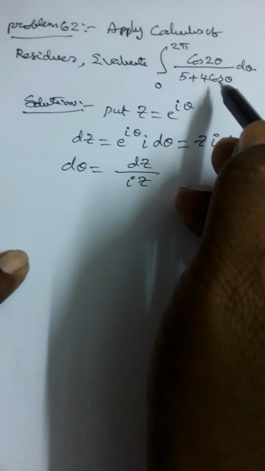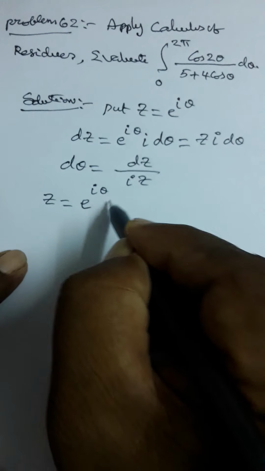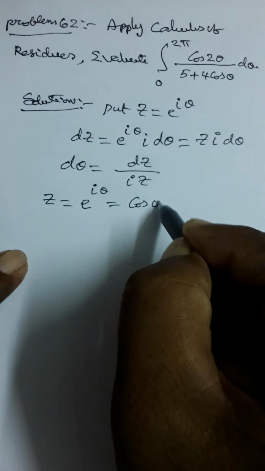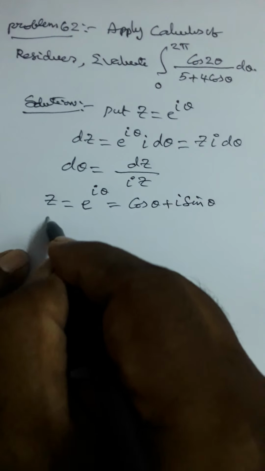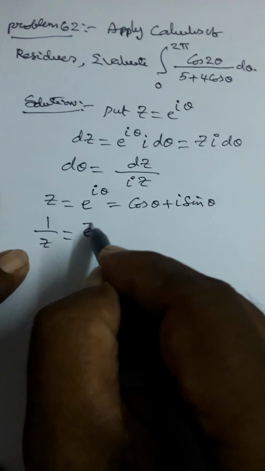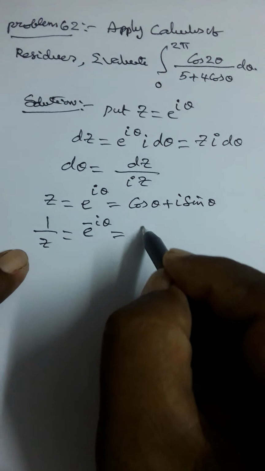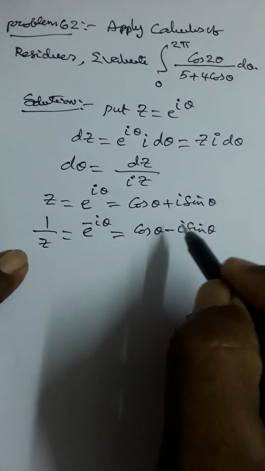For the denominator cos theta, let z = e^(i theta), which by Euler's formula is cos theta + i sin theta. Then 1/z = 1/e^(i theta) = e^(-i theta) = cos theta - i sin theta.